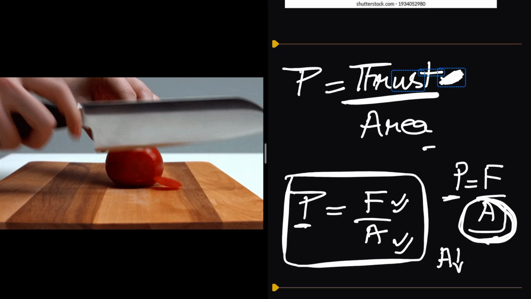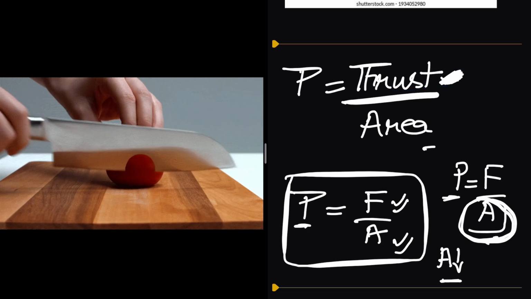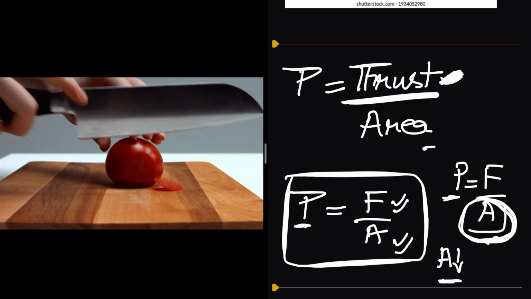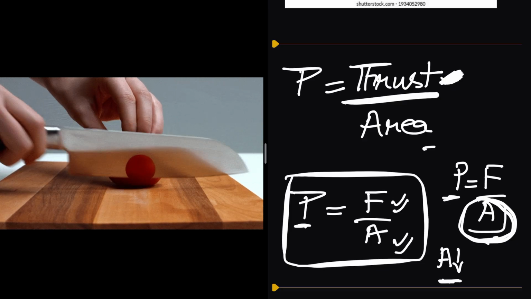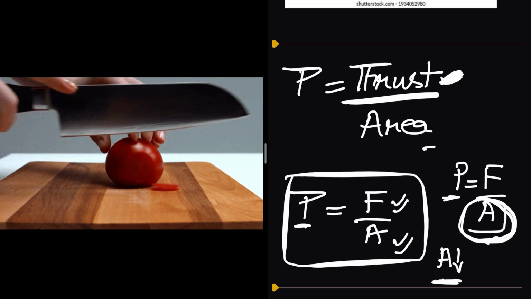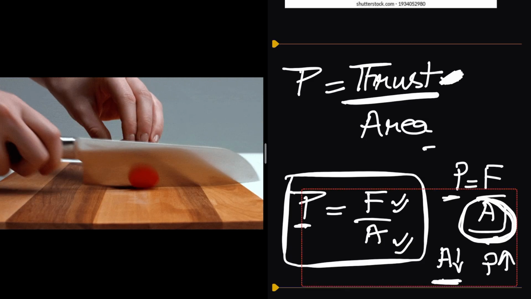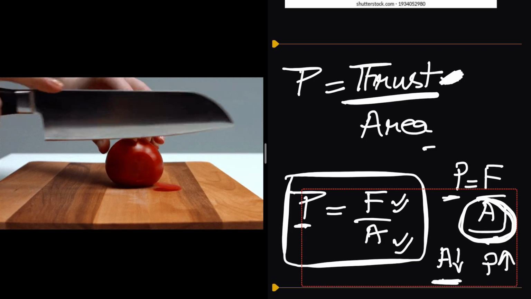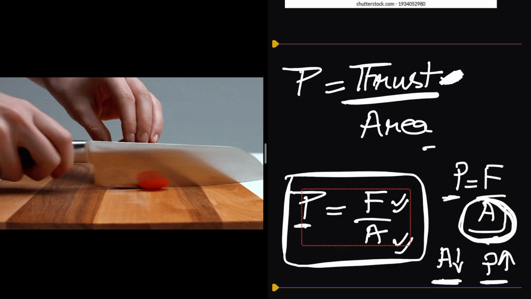If one thing increases, the other thing decreases. So when we are using sharp objects for cutting and chopping, we are decreasing the area. If area decreases, then pressure will increase and it is easy for us to cut those objects, because the pressure will automatically increase.